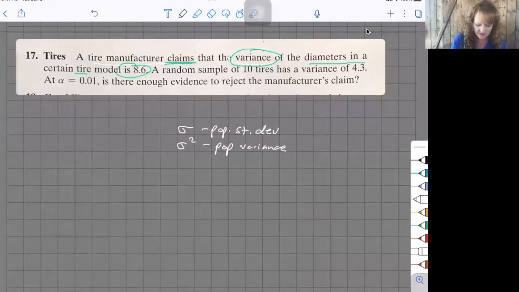So since it's variance, we're going to do sigma squared equals 8.6. So that's going to be your claim. The complement of that is sigma squared is not equal to 8.6. H naught is the equal sign. HA is the one that's not.